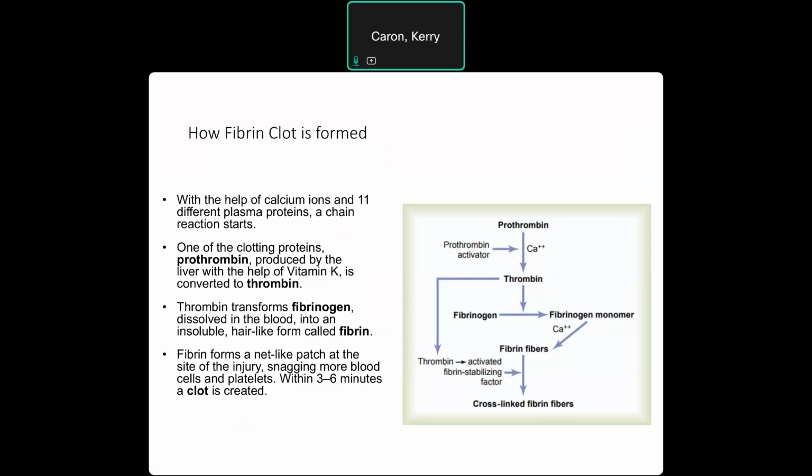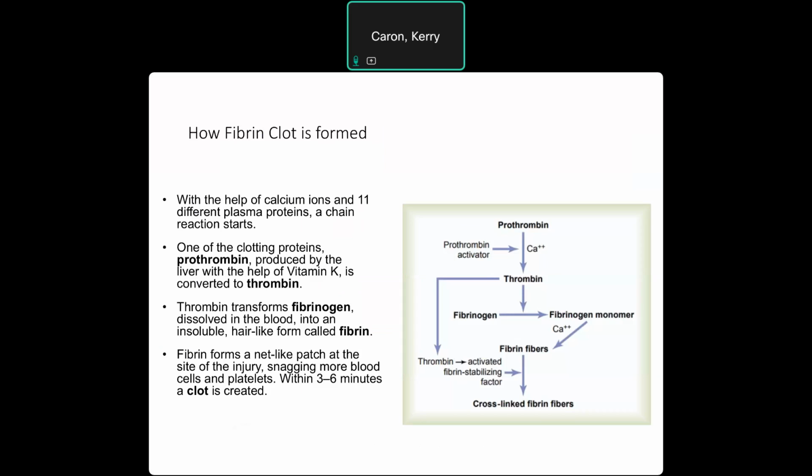So pro meaning forward gets converted to thrombin. Thrombin transforms fibrinogen, which is already a substance in the blood, and converts that to fibrin. And fibrin, I always think of like fiber, like cereal, like mini wheats or something with the fiber.